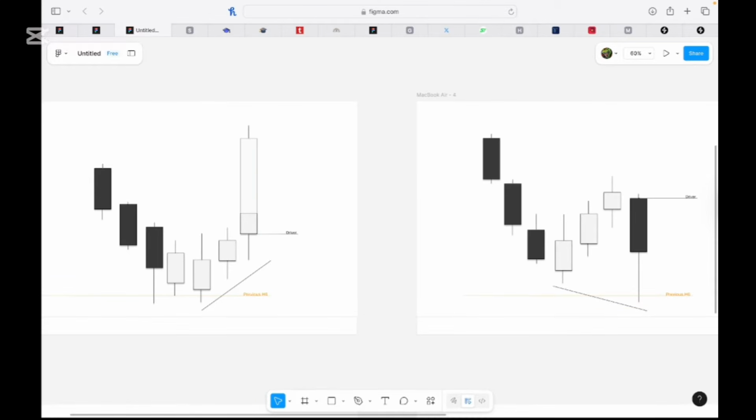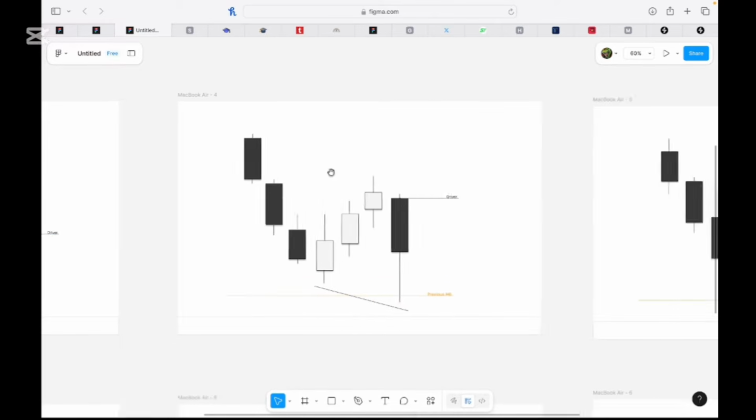So now what is the next step? We wait for the driver to either confirm or invalidate this SMT. As we see right here, at the driver, ES breaks that initial daily sequential SMT and reacts strongly off it. As you see, we get a next day model where it wicks out a relevant key level and then closes back into the range.